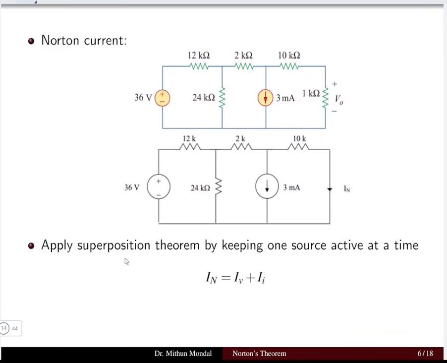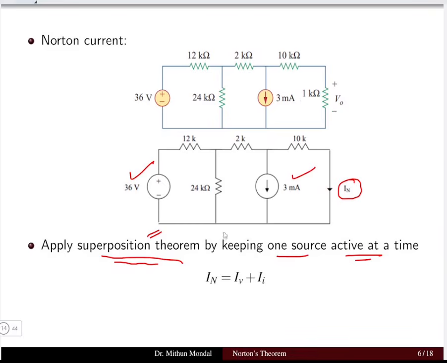Now, if we apply the superposition theorem, let us see how to find the value of I Norton. The superposition theorem, which we have studied in the lecture class, has one source active at a time. So we have a voltage source and we have a current source.